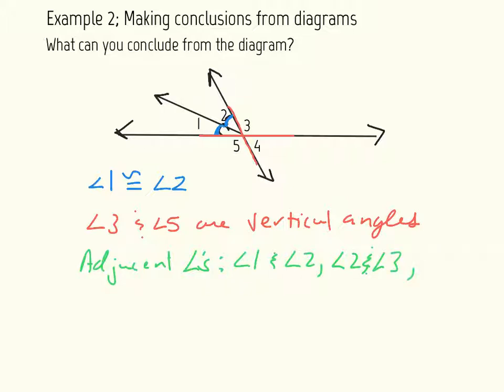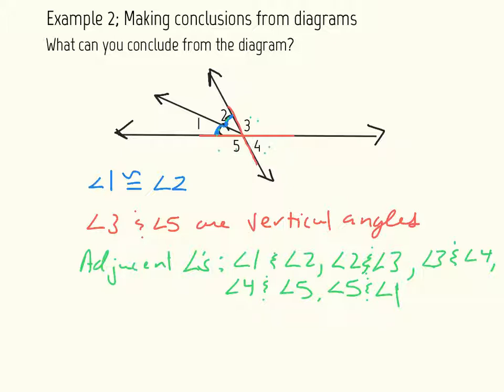Angle 3 and angle 4 are adjacent. Angle 4 and angle 5 are adjacent. Angle 5 and angle 1 are adjacent. All I did is start here and go to the neighboring angles, because those are all adjacent angles.